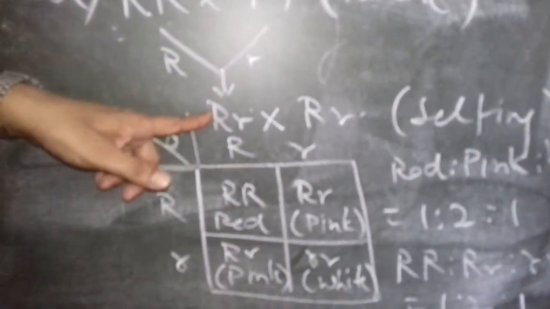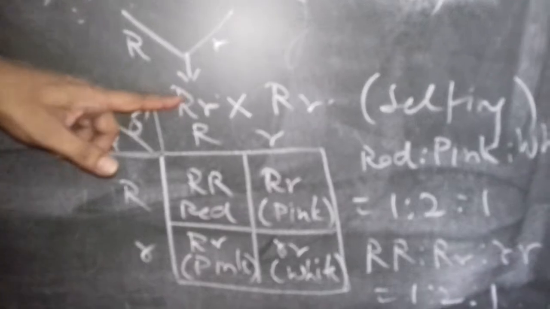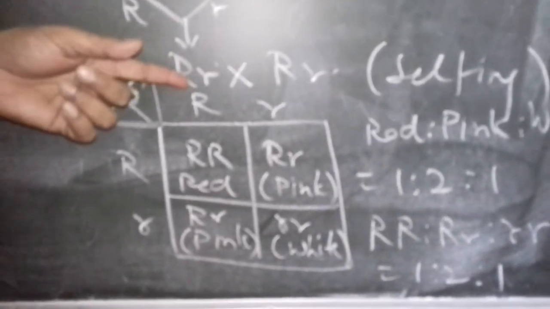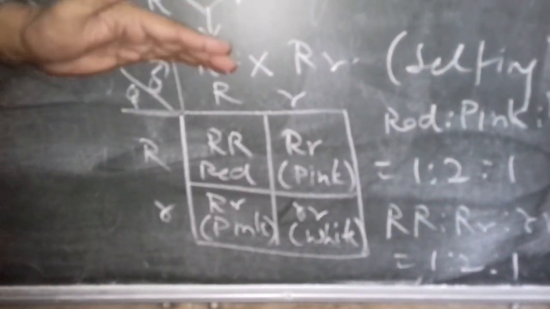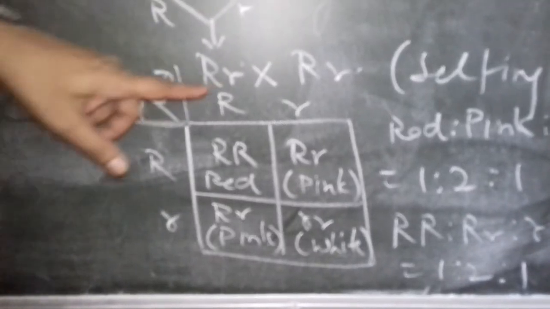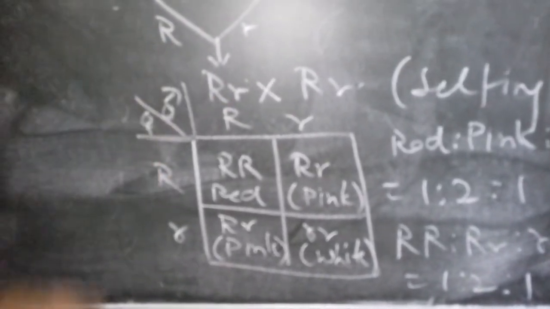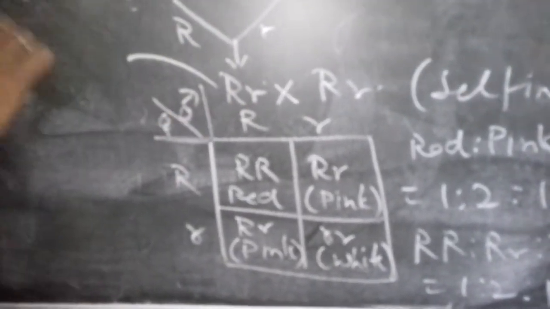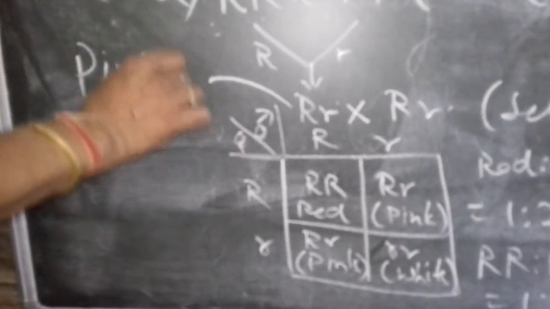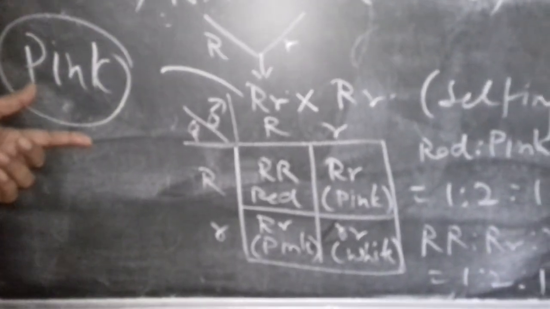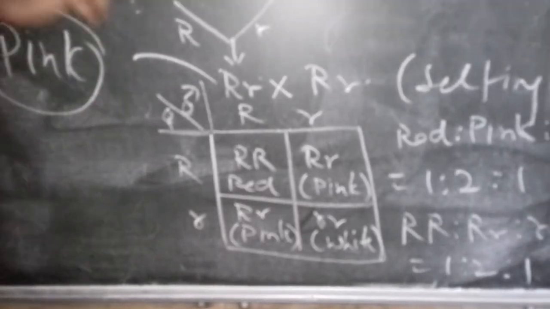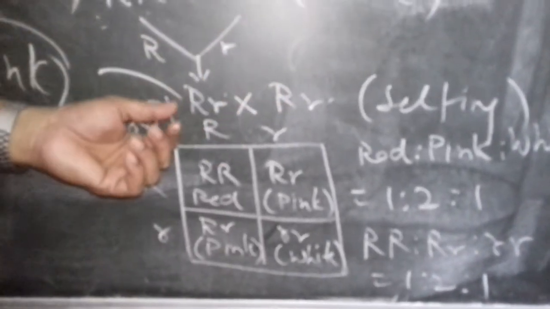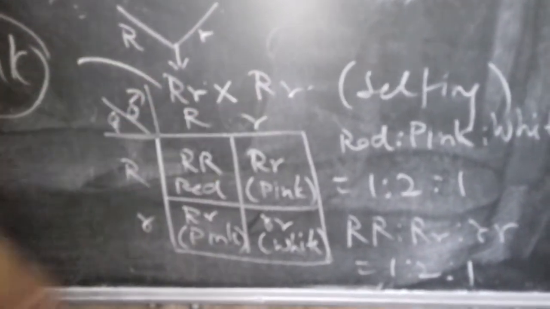Now, if they would follow Mendel's law, according to the law of dominance, it should be red, but this does not happen. This capital R small r appears to be pink, which is an intermediate expression. Now, if we again self-cross it, self-crossing means crossing with the similar genotype.